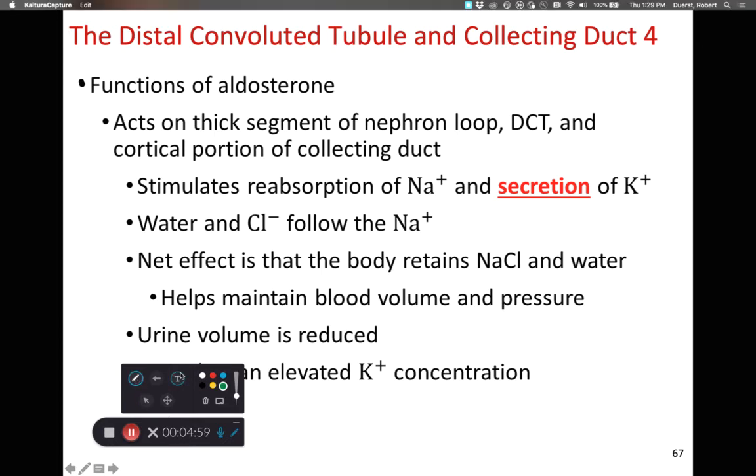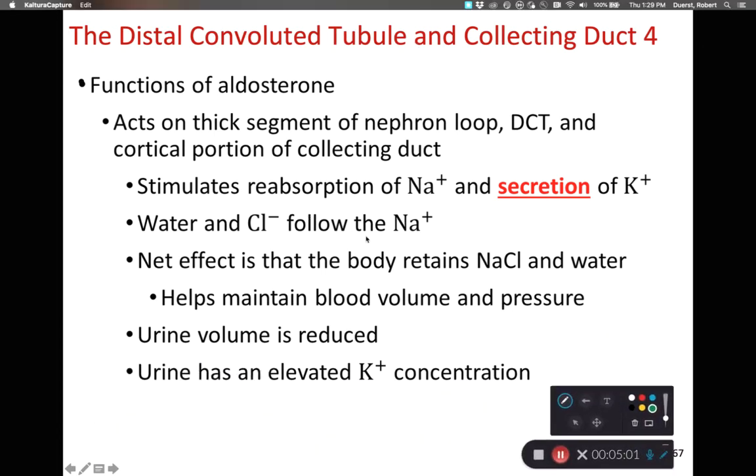Aldosterone is going to act on the thick segment of the nephron loop, the ascending portion, the distal convoluted tubule, and the cortical portion of the collecting duct. That's the portion of the collecting duct right at the beginning, not close to the apex of the renal pyramid. It's going to directly stimulate the absorption of sodium and the secretion of potassium. So not only does aldosterone cause us to absorb more sodium, it causes us to urinate out more potassium.